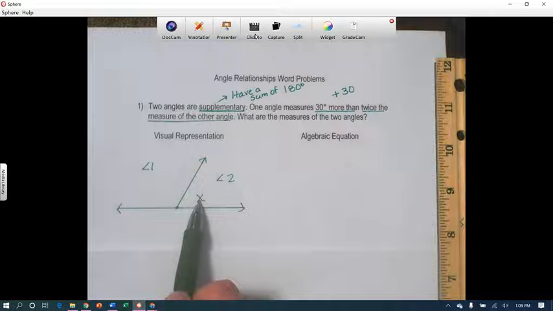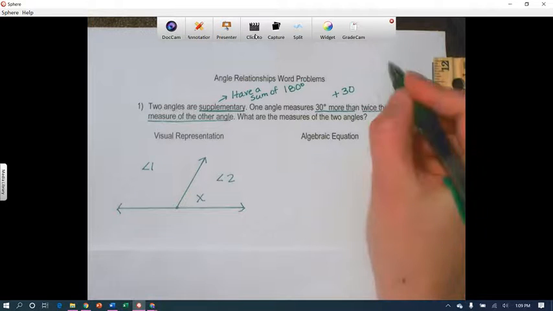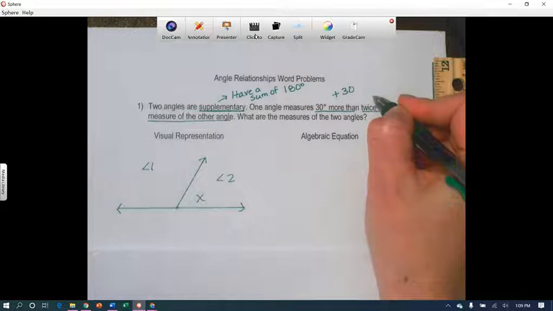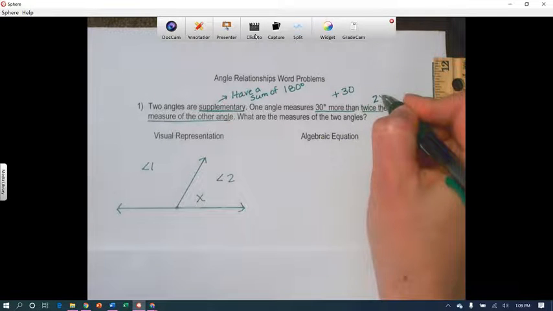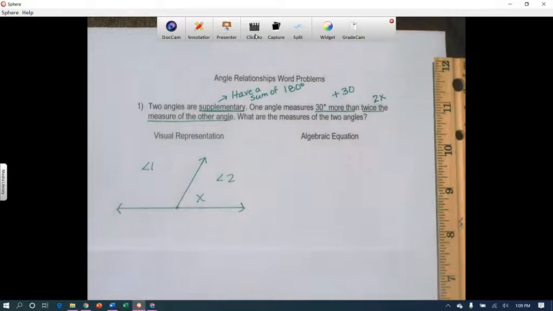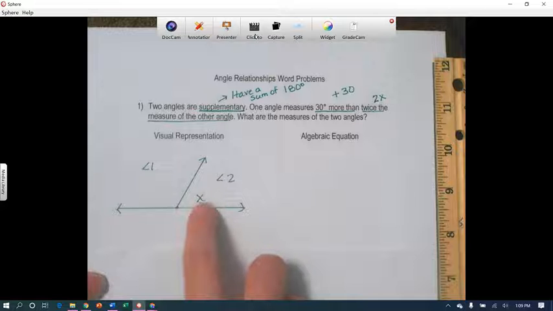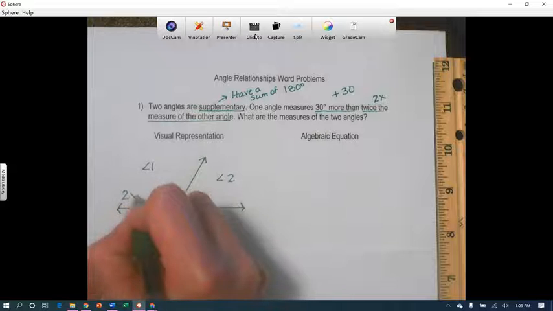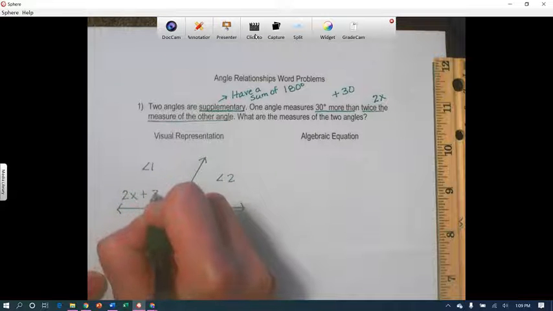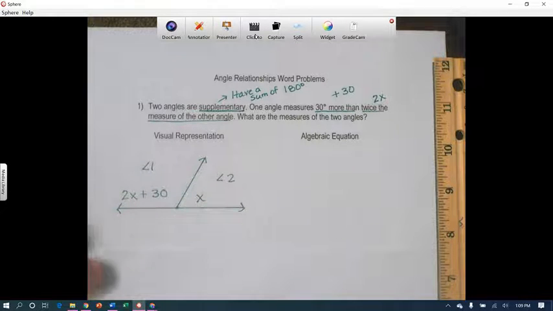So how could we represent that? Twice means that you multiply something by 2. So I'm going to take 2 times the measure of that angle. So as an expression, that becomes 2x plus 30.